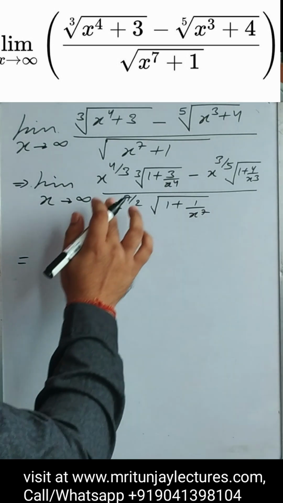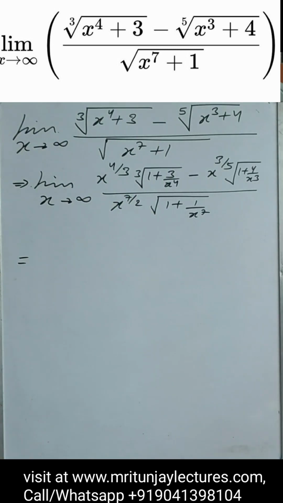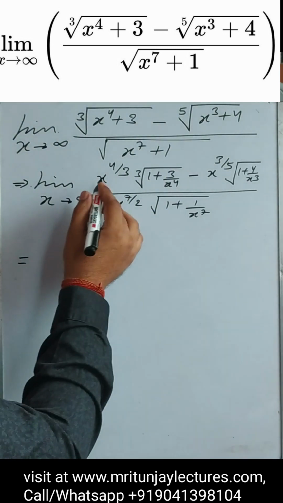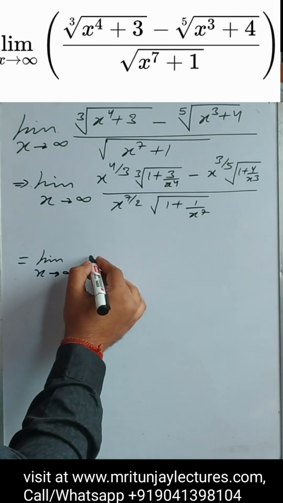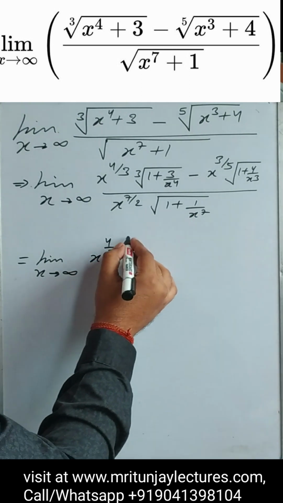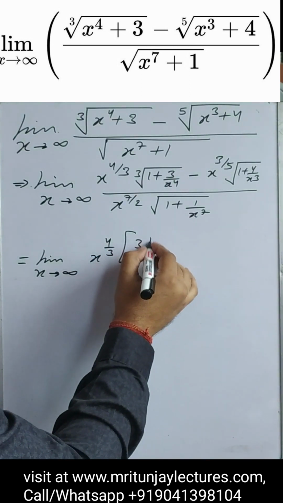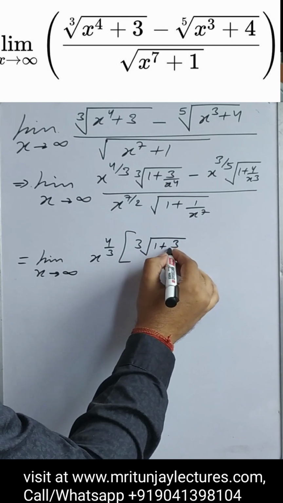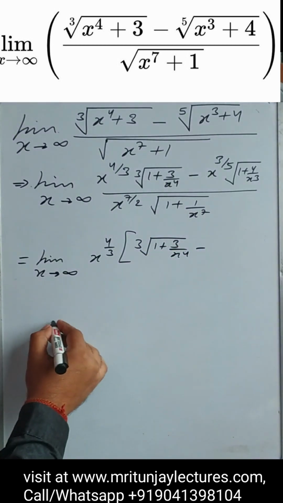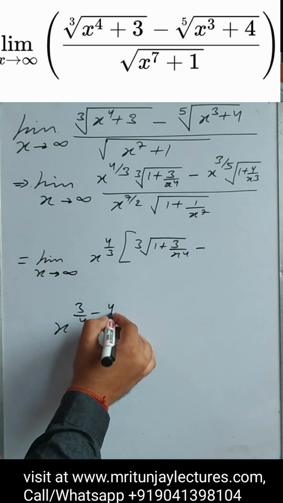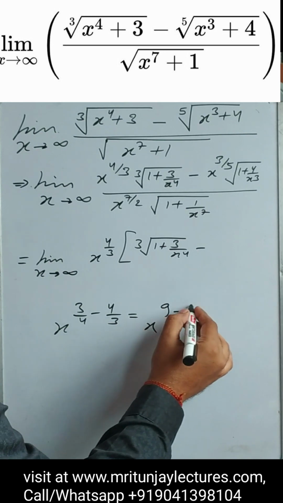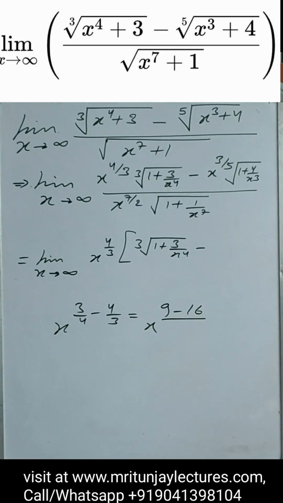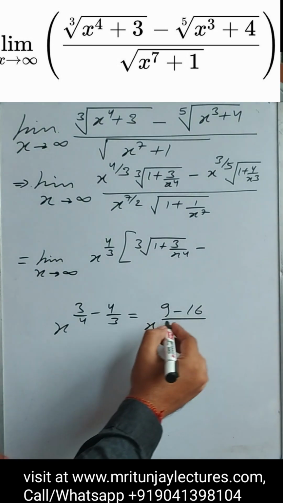And here x to power 4 by 3 common, limit x tends to infinity, x to power 4 by 3 common, then 3 1 plus 3 upon x to power 4. Here x to power 3 minus 4 by 3 common, then we get x to power 9 minus 16 over 12.